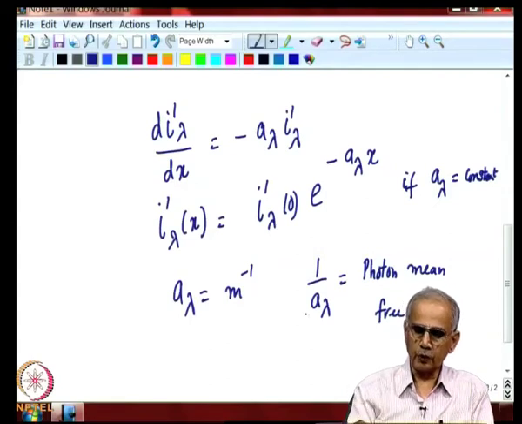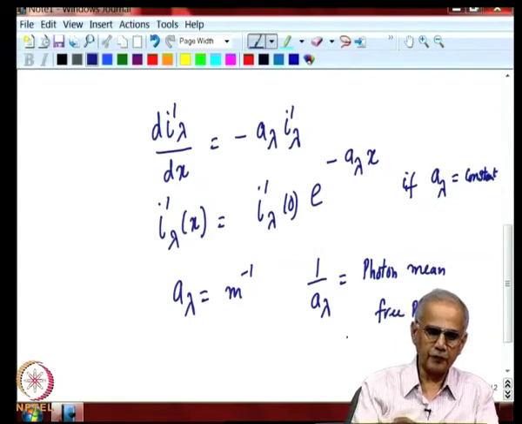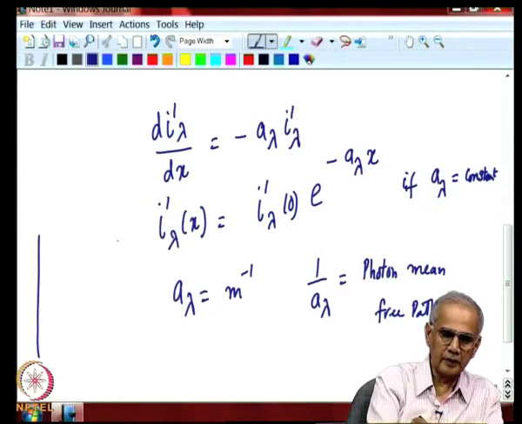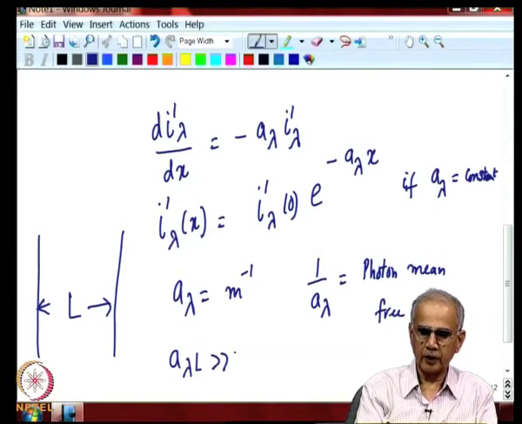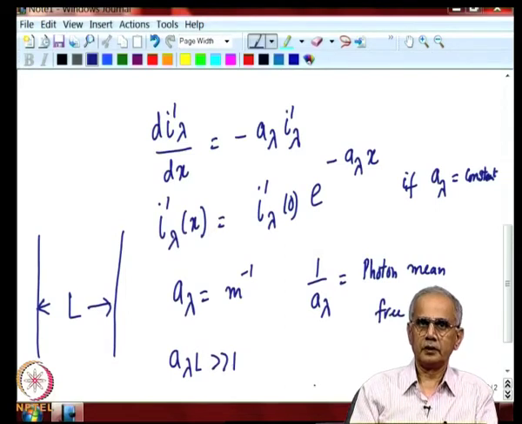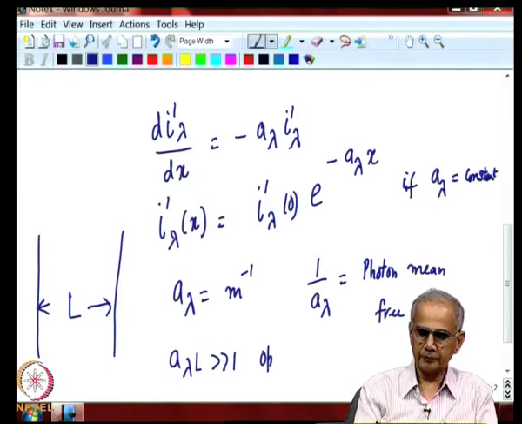So, this is an important quantity, and you can also imagine if you have a gas layer of dimension L, a lambda L, if it is much greater than 1, we call it a thick, optically thick medium.